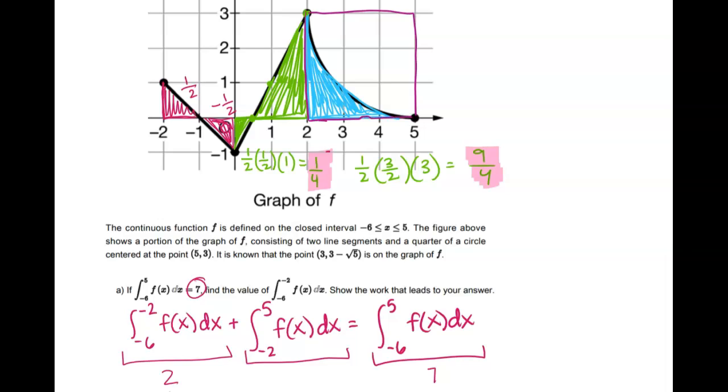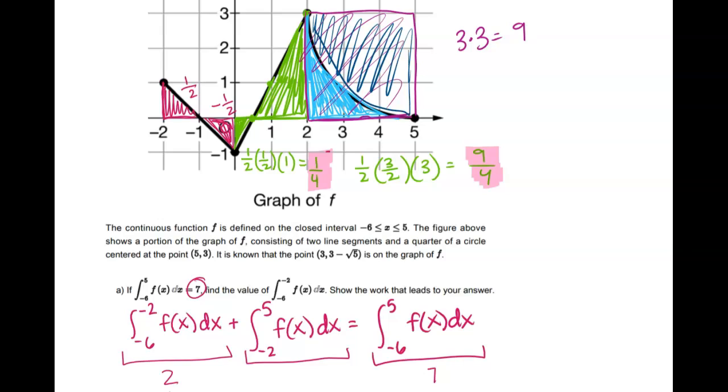The area of this whole square is 3 times 3, which is 9. And the area of this right here, this is a quarter circle because conveniently we're told.